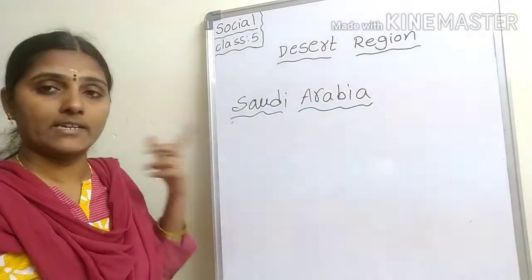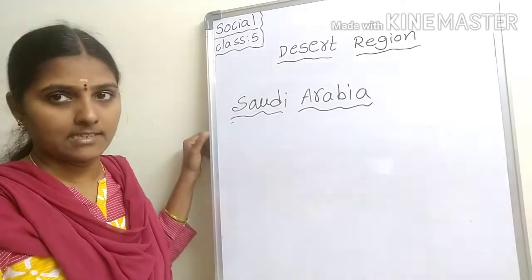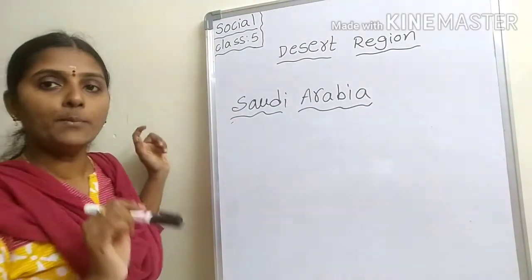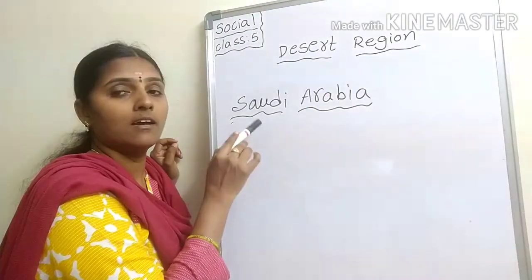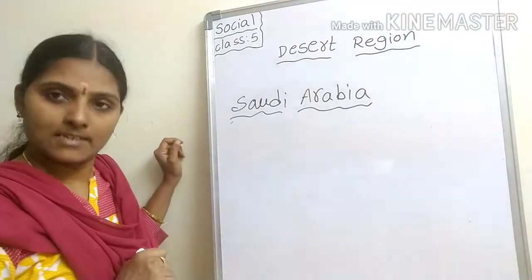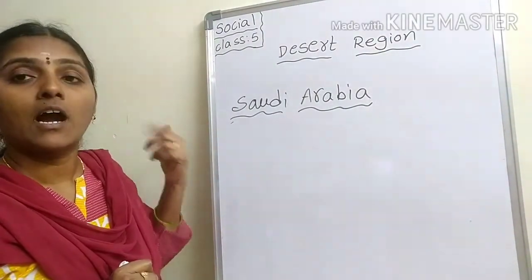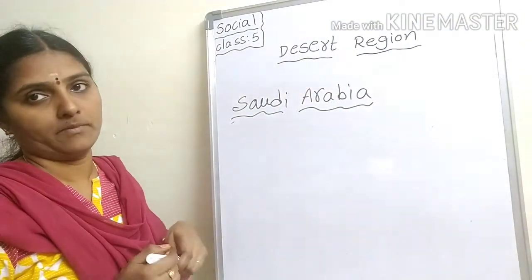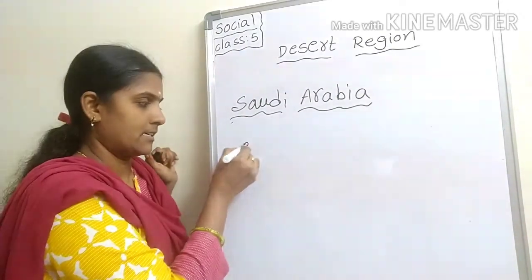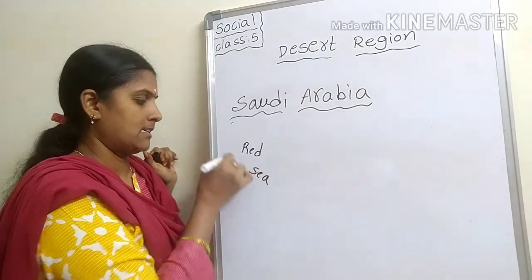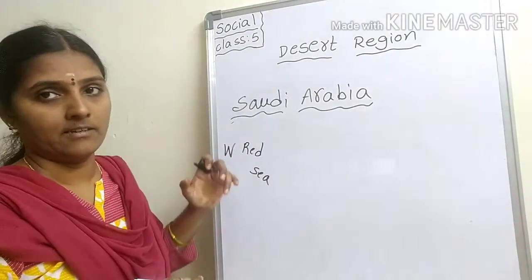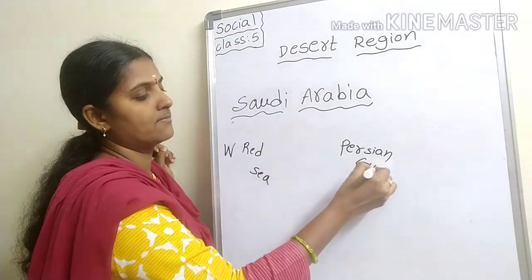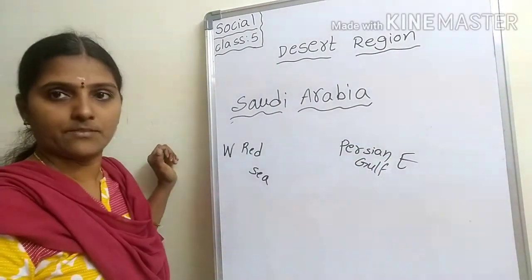The Tropic of Cancer passes through Saudi Arabia, and it is bound by the Red Sea in the west and the Persian Gulf in the east.